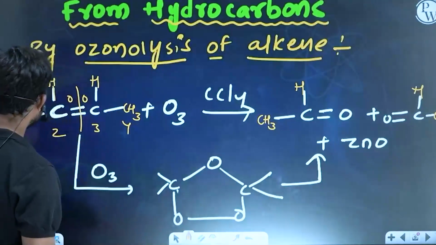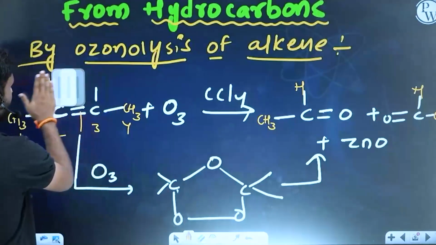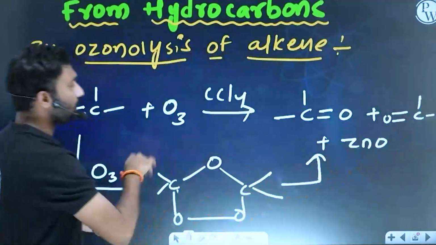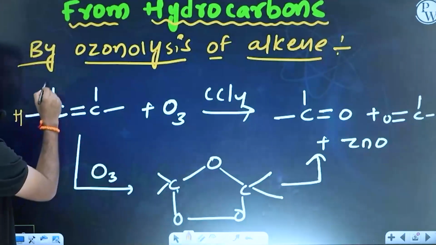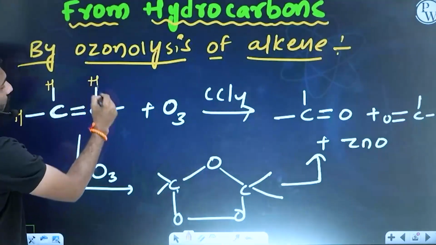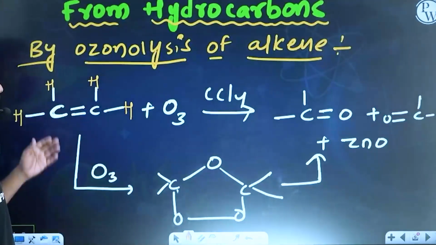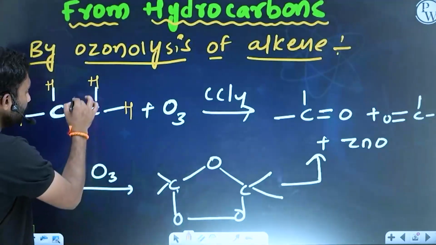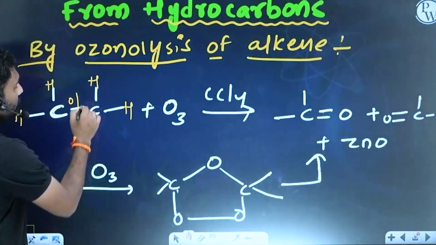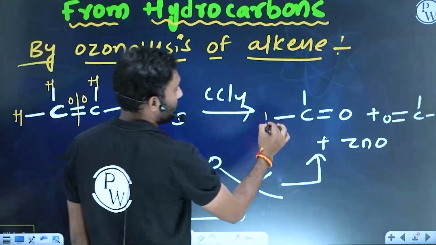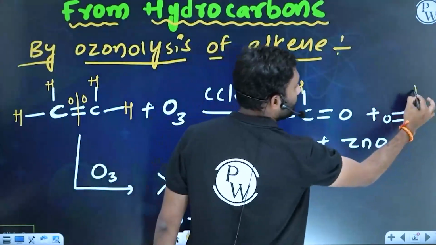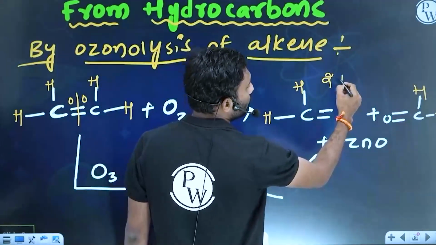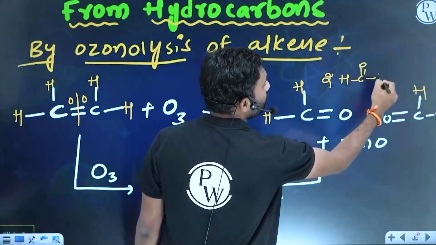Okay, now in the place of this one and this one, H. If this is given, this is ethene. Now if ethene is given, what will it become? Put one oxygen here, put one oxygen here. This will become 2 moles of formaldehyde.